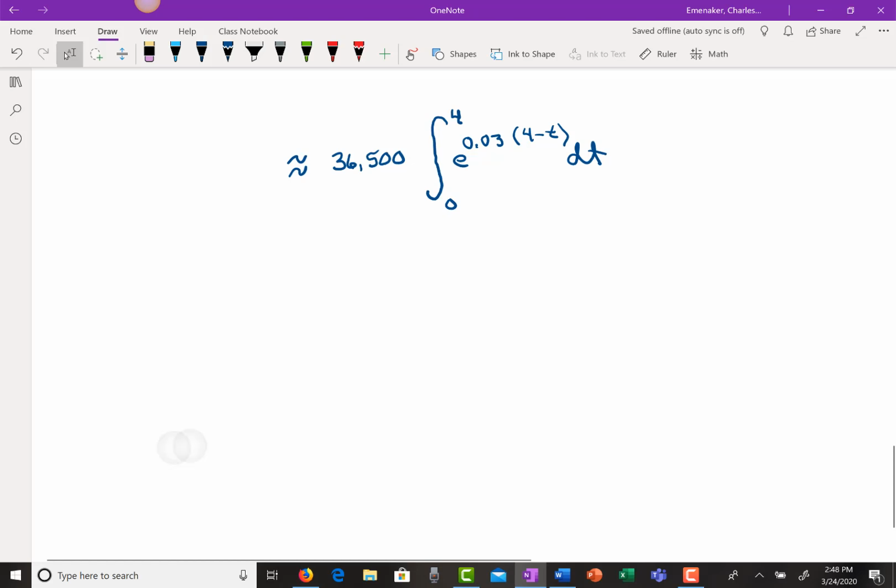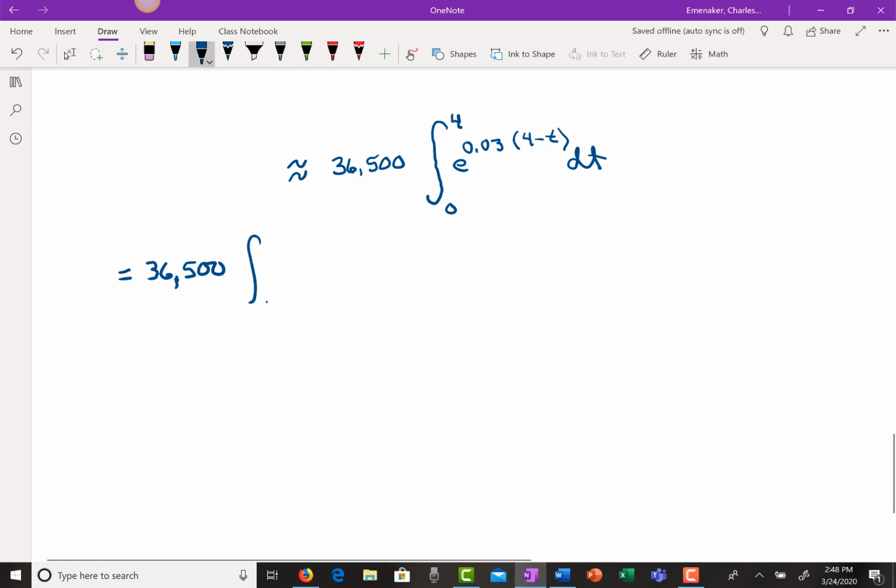So what we're going to do here now is some algebra. Seems like that's a whole lot of what we're doing. That's everything we've done up to this point except for converting from a sum to an integral. This can be rewritten as the integral from 0 to 4 of e to the 0.03 times 4 minus 0.03 times t dt.